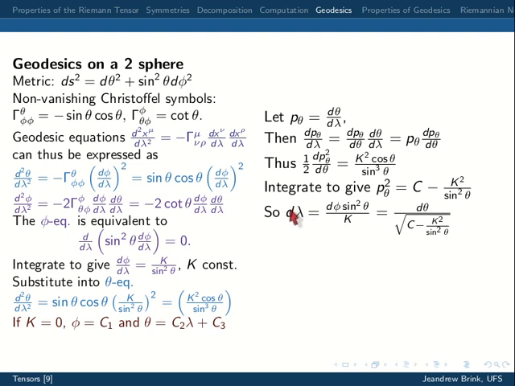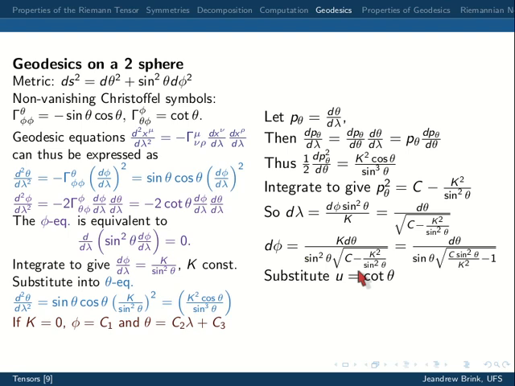Okay, so we have two expressions for d lambda, and then we can go and say fine, d phi is then equal to k d theta over this thing, and we can simplify it a bit, and we can integrate it, and then we can actually find what phi is in terms of theta.